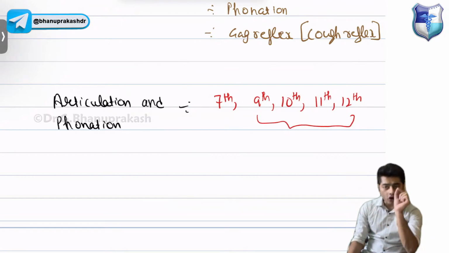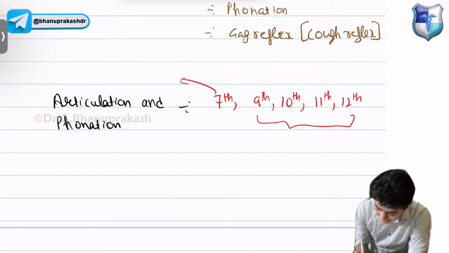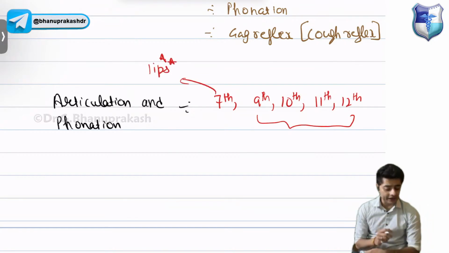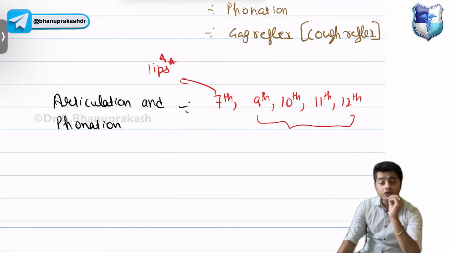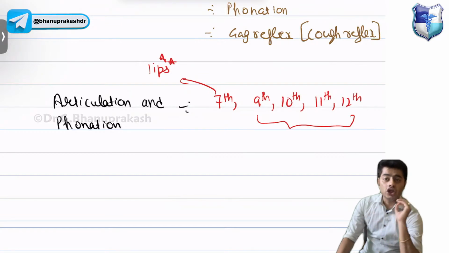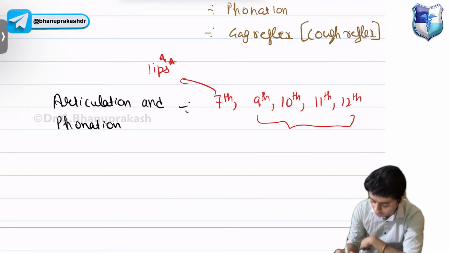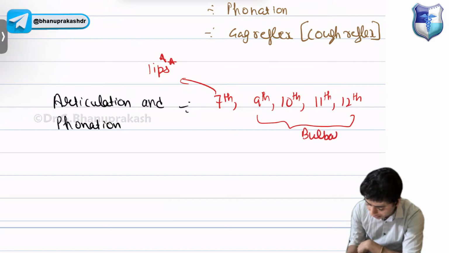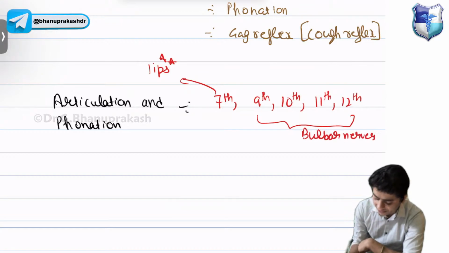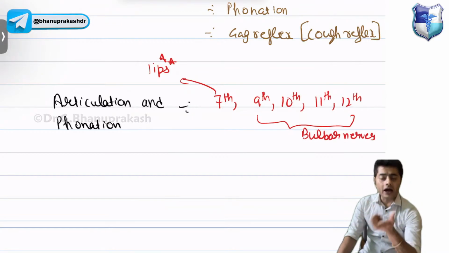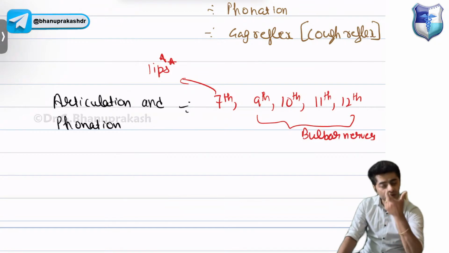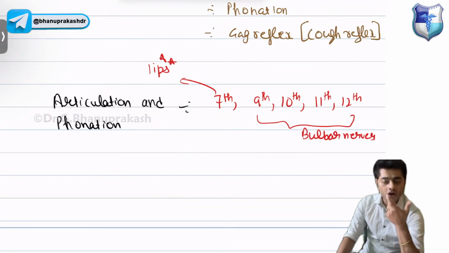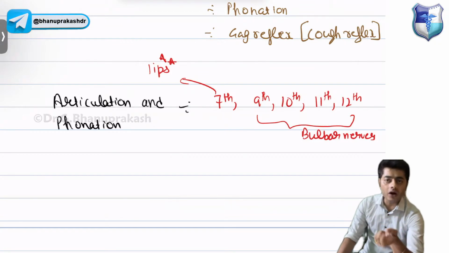Why is there the 7th nerve? Because your 7th nerve has a supply to your lips, and your lips also help in formation of words. So if any of these nerves are affected, including your bulbar and your 7th facial nerve, you will get a problem of your articulation and phonation.